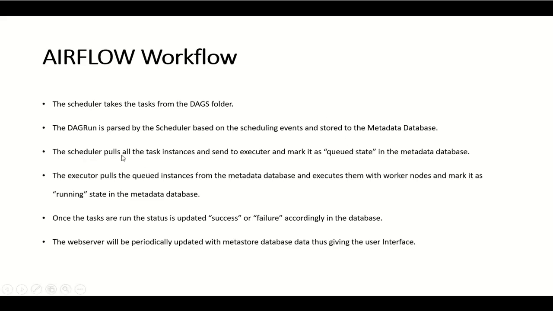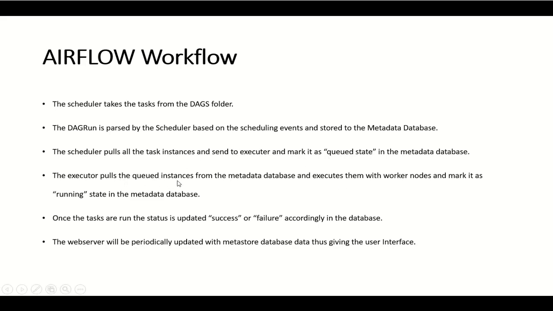The scheduler will then pull all the task instances from the metadata database and send them to the executor, and after it is sent to the executor it will be marked as queued state, showing that it has been sent to the executor.